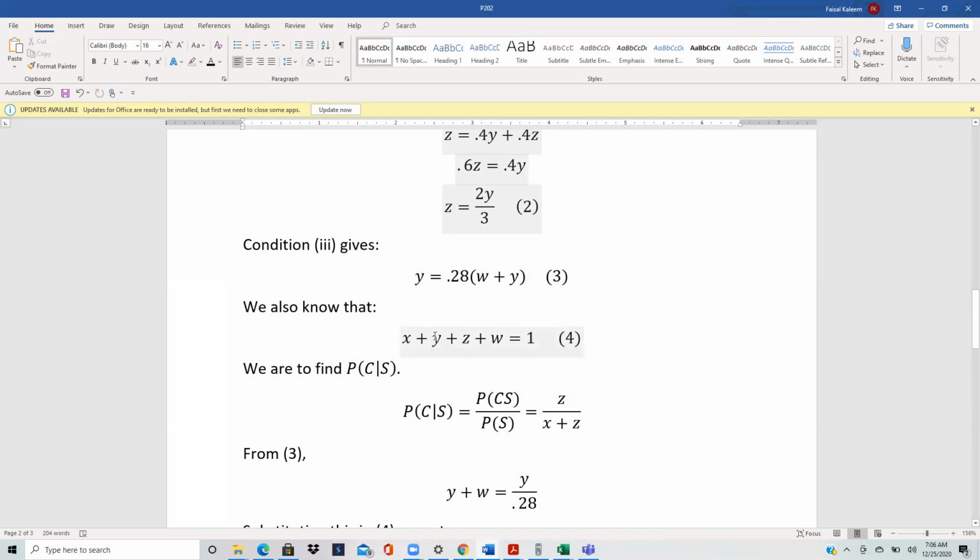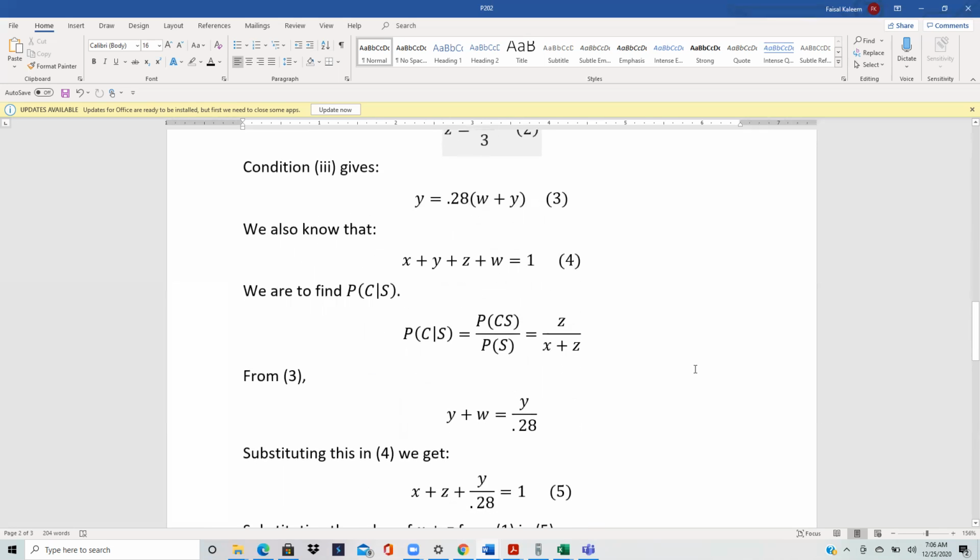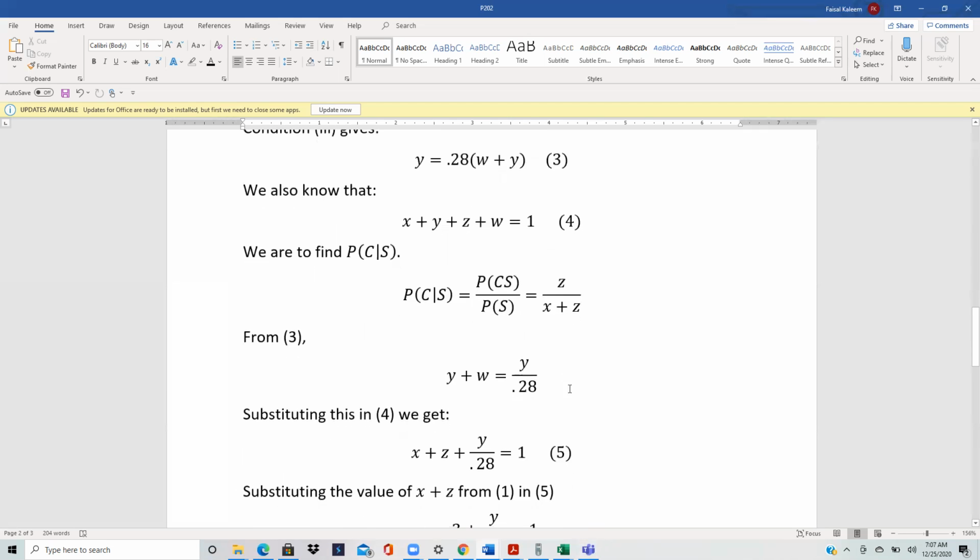If we just replace that W plus Y by Y over 0.28, W is eliminated. That's why I was saying that we don't need to simplify this one. So substitute W plus Y equals Y over 0.28 in this one. So the X plus Z stays, and the W plus Y gets replaced by Y over 0.28, equals 1.